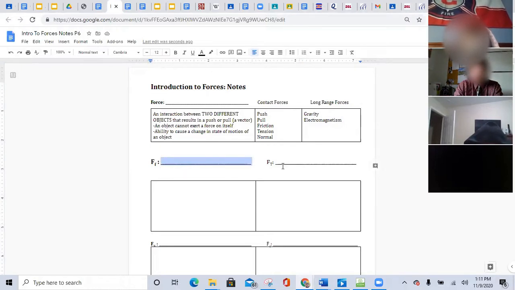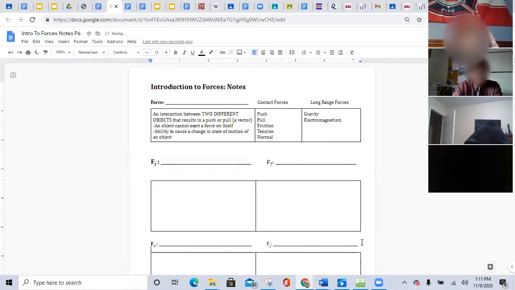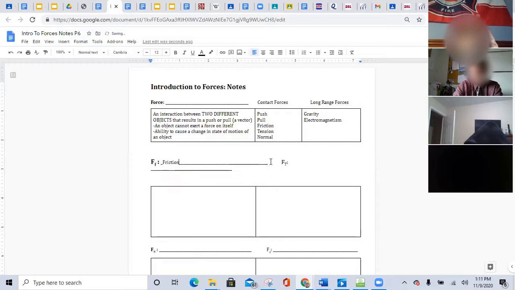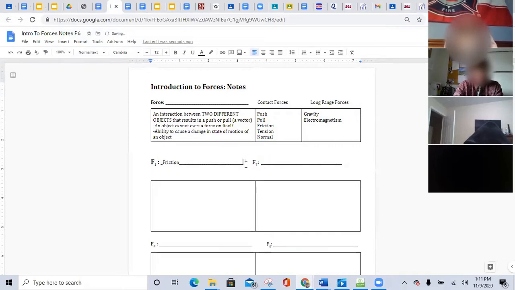Now, I'm going to use these abbreviations. Sometimes you're going to see slightly different abbreviations, but this is what I like. F sub F stands for friction. And friction is parallel to the direction.